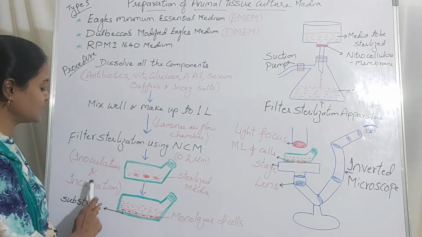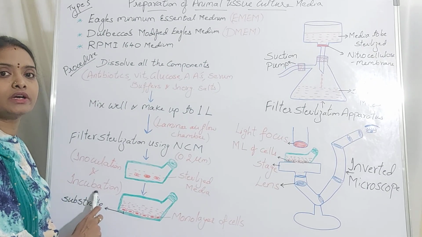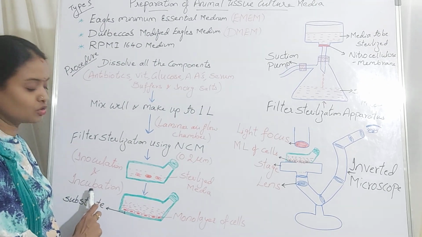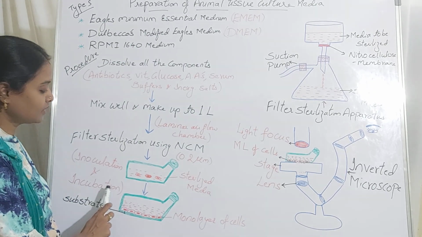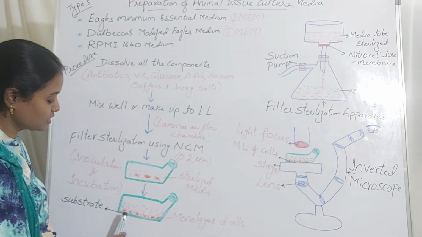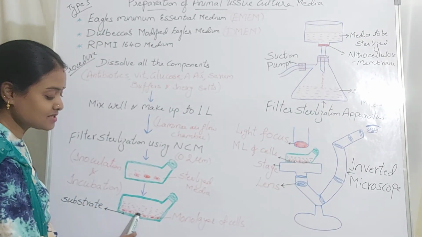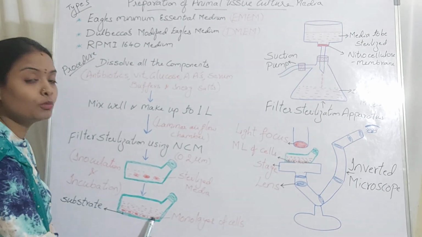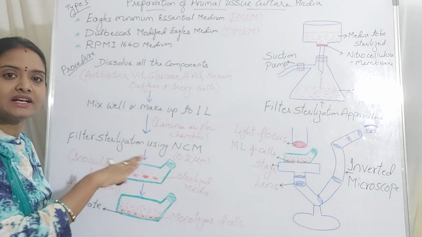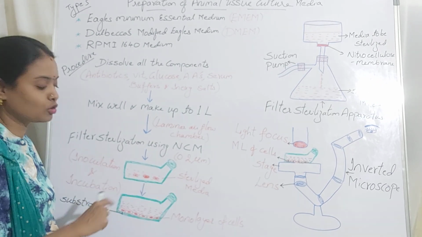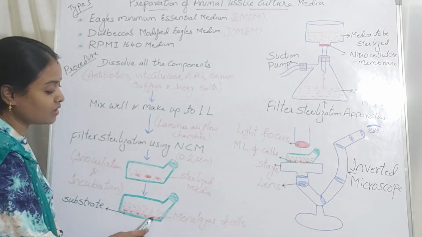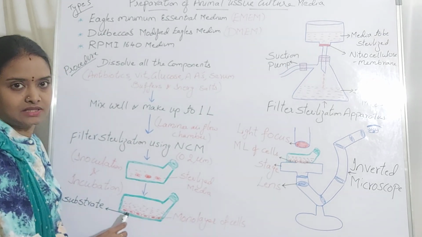In case of absence of a CO2 incubator, you can make use of NaHCO3, sodium bicarbonate, right? When you inoculate and incubate, you can see the cells start growing as a monolayer. That means they occupy the complete flat surface of the container. They grow as a uniform single layer, hence they are called a monolayer of cells.